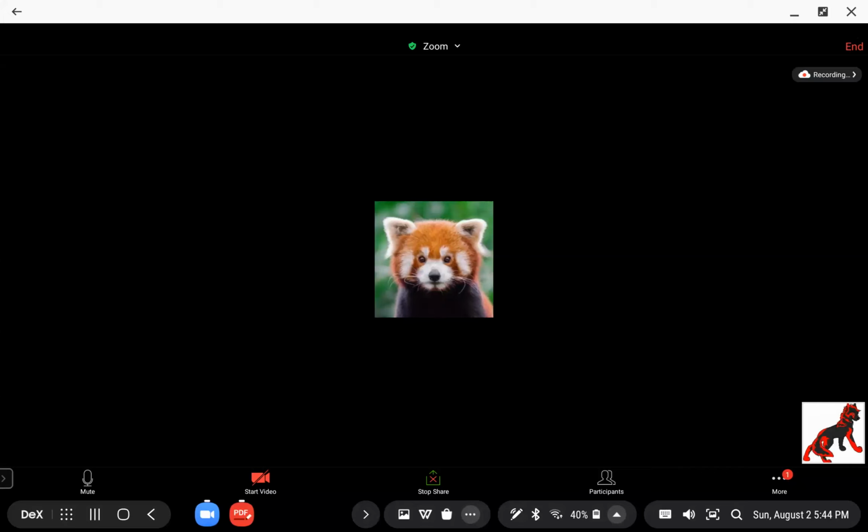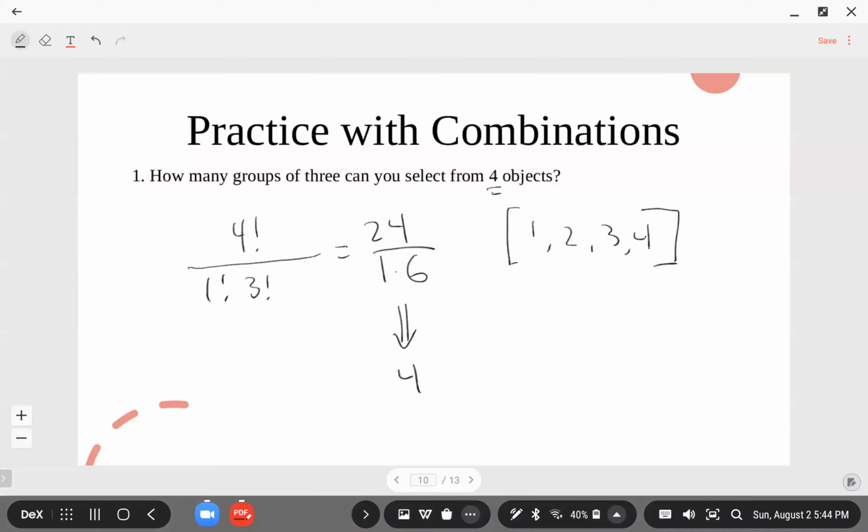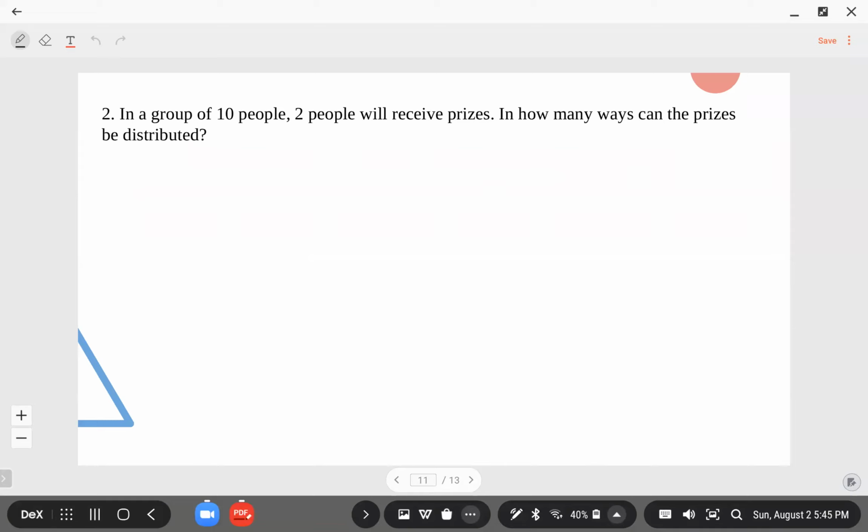Okay, so now let us move on to the next problem. This is our next problem. In a group of 10 people, 2 people will receive prizes. In how many ways can the prizes be distributed? Please solve this problem.